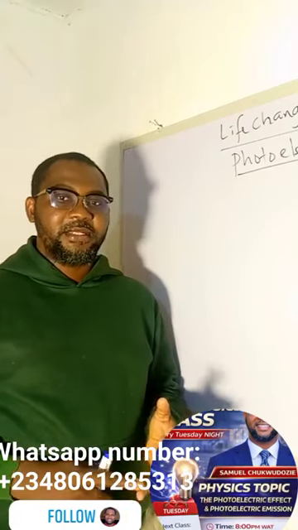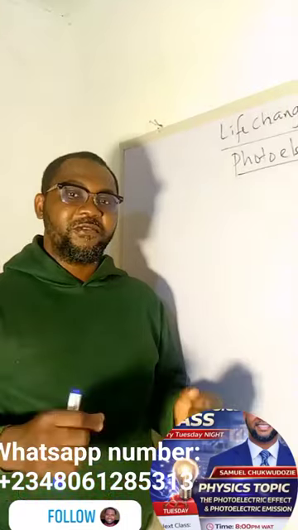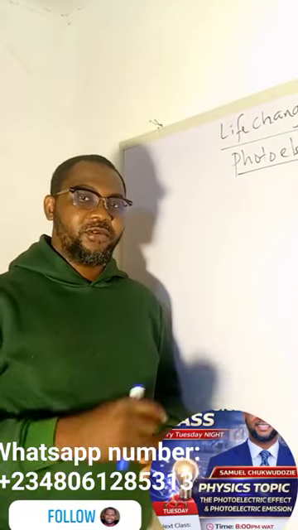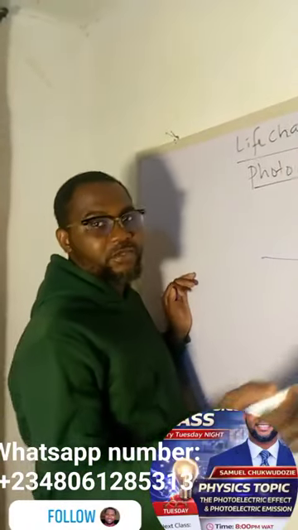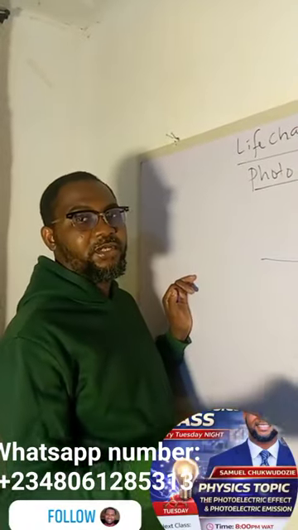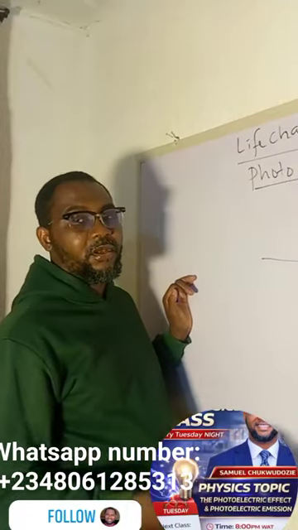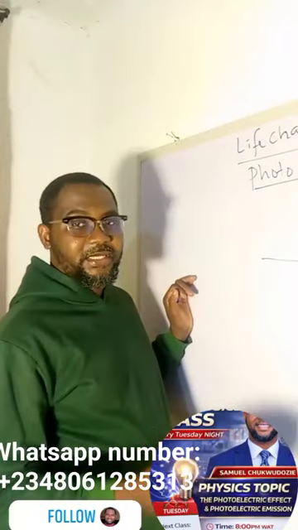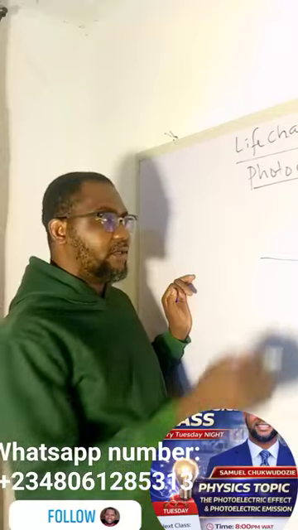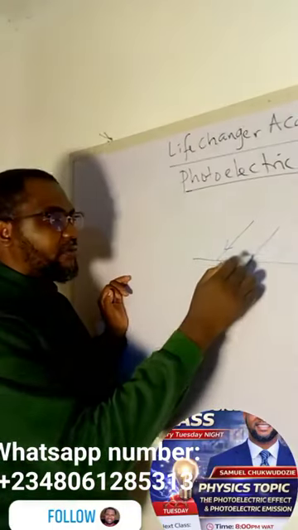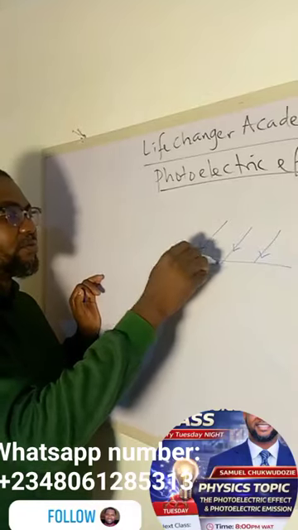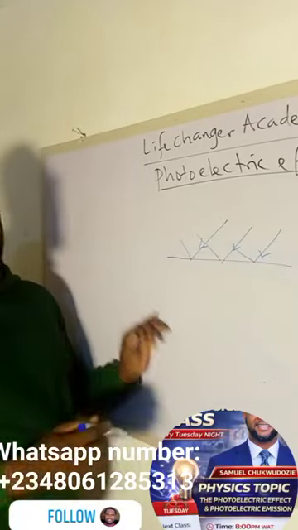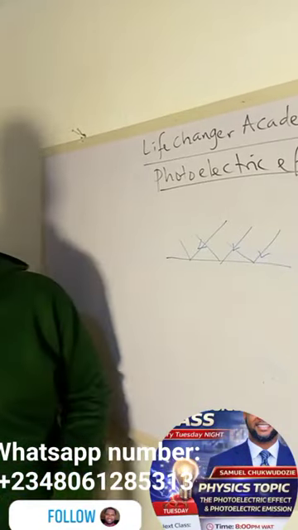So when you have a metal surface and photon energy, or what you call light energy, or any of the electromagnetic energy, falls on the metal surface, just like we have here, the result is that electrons will be emitted, and that is what we call the photoelectric effect.